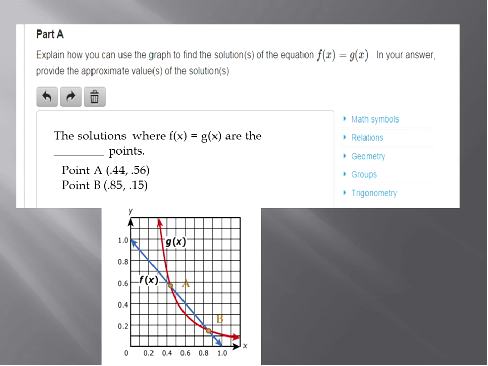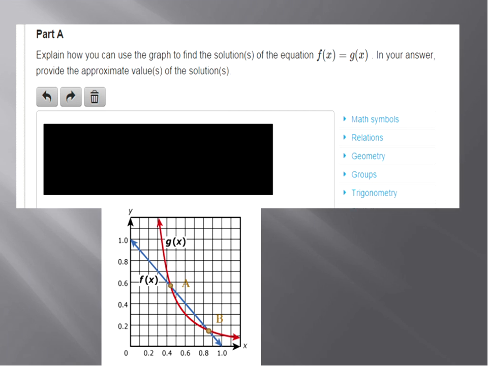Part A. Explain how you can use the graph to find the solutions of the equation f of x equals g of x. In your answer, provide the approximate solutions. So where f of x equals g of x, that means that they both contain the same point on the line.